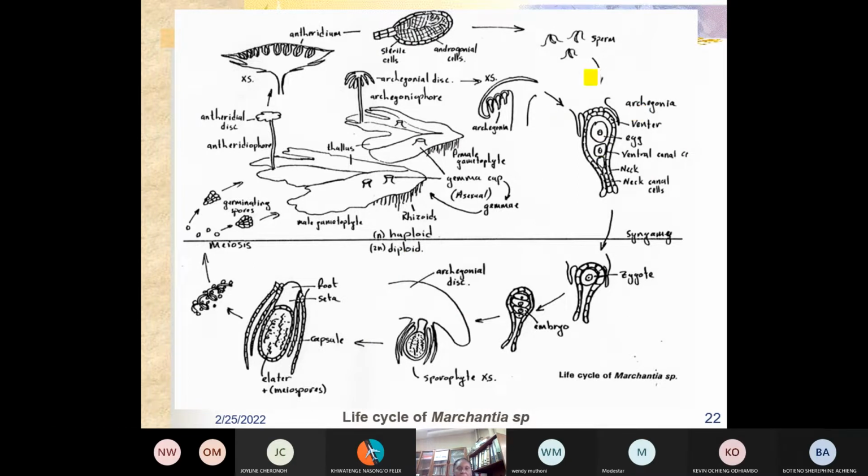So if we go through it quickly, where do we begin? Let's begin at this point here. So we have sperms produced, and the sperms will fuse with the egg, which is in the venter. And after syngamy, you get the zygote.